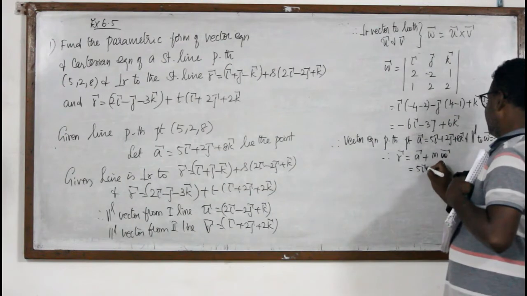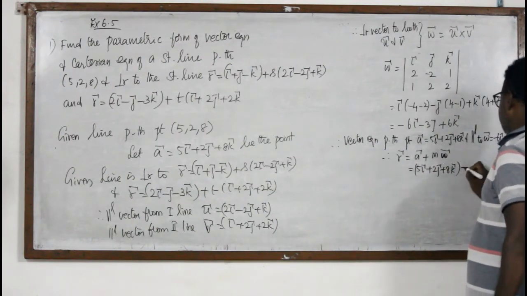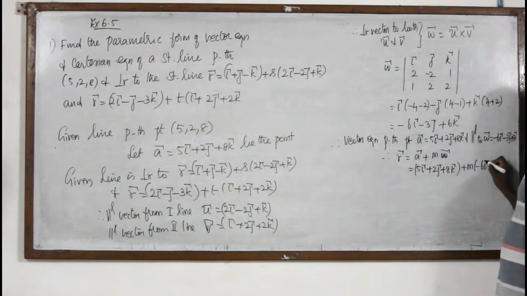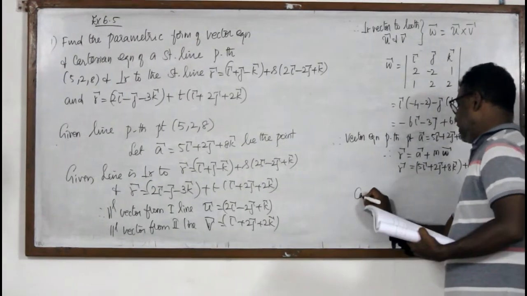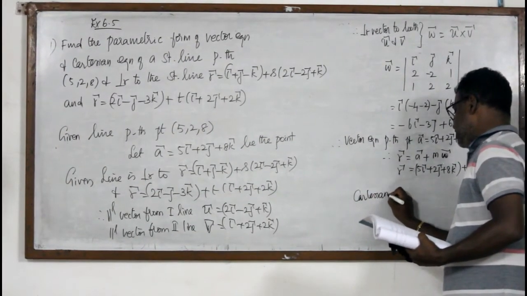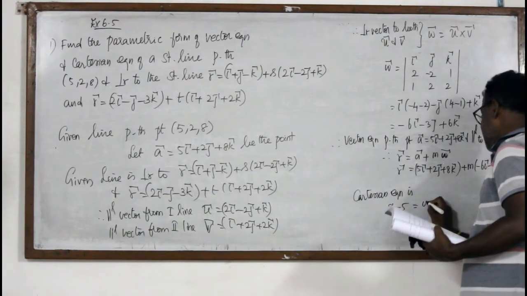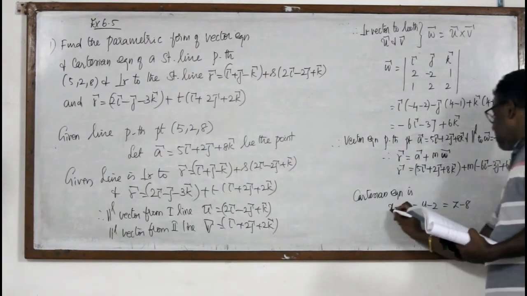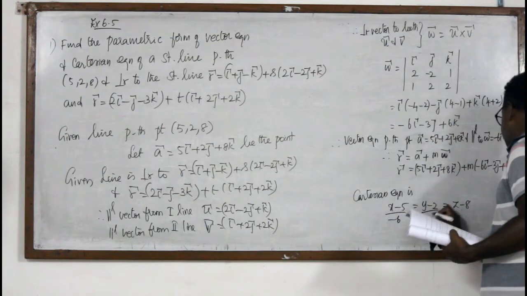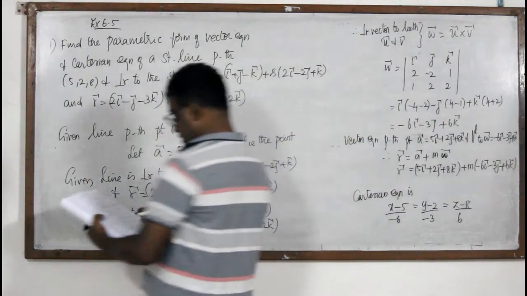That is 5i plus 2j plus 8k plus m into minus 6i minus 3j plus 6k. This is your vector equation, and therefore the Cartesian equation is (x minus 5)/(minus 6) equals (y minus 2)/(minus 3) equals (z minus 8)/6. This is the Cartesian form.